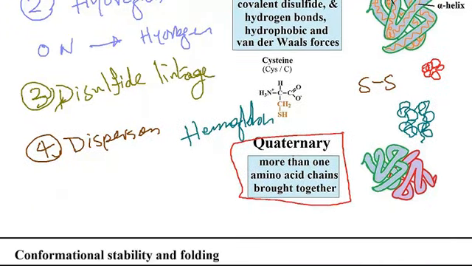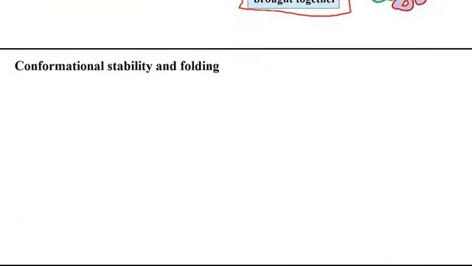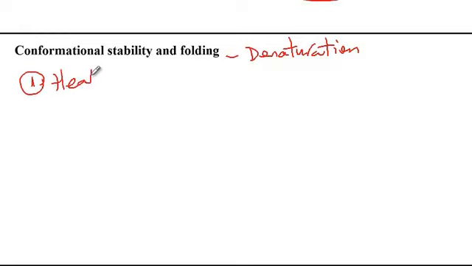The next concept is conformational stability and folding. So we just described the forces that could help maintain a tertiary structure, but there are also forces that will disrupt this tertiary structure and cause denaturation of proteins. So here we would like to talk about factors that lead to denaturation of proteins. Number one, heat or UV radiation, which will cause vibration of protein molecules, as a consequence of which there would be breakage of weak bonding, like for instance hydrogen and dispersion forces.